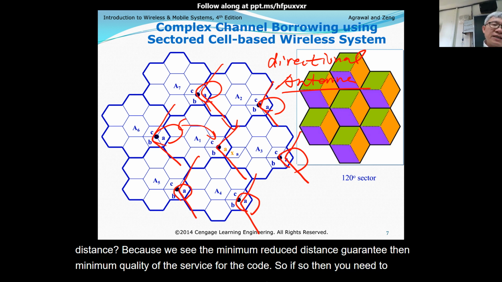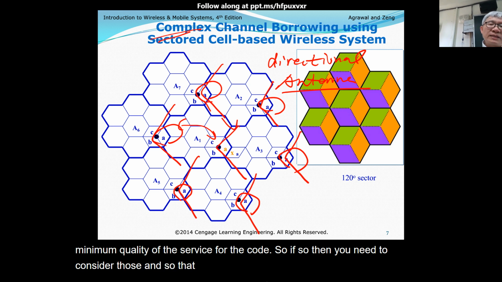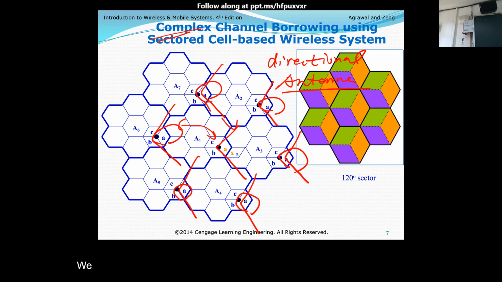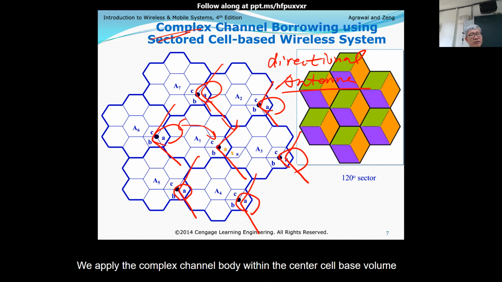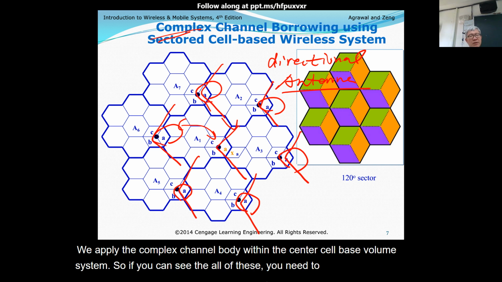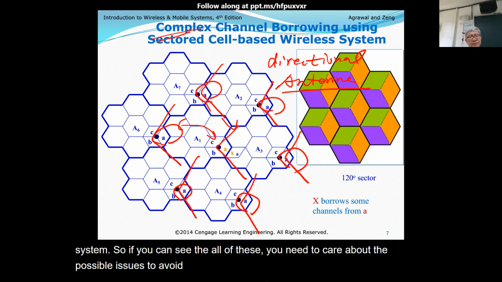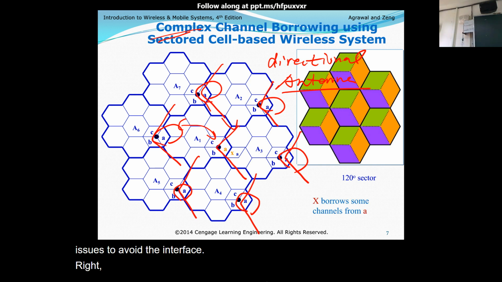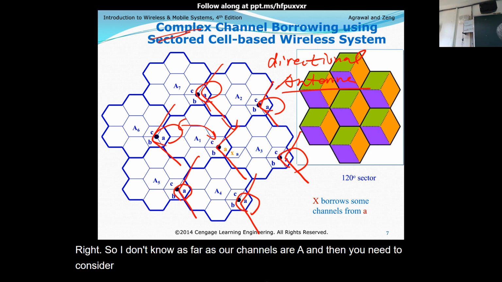So this is a complex channel borrowing, and we also apply complex channel borrowing within the sectored cell-based wireless system. If you consider all this, you need to care about the possible issues to avoid interference. X borrows some channels from A, and then you need to consider whether it is possible to have interference.